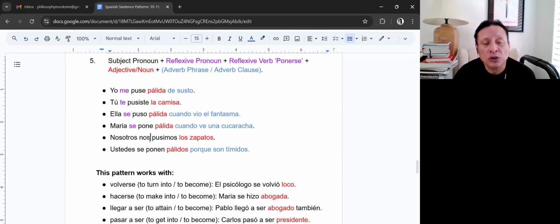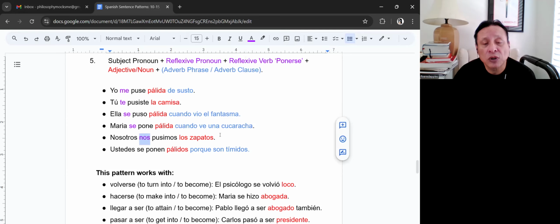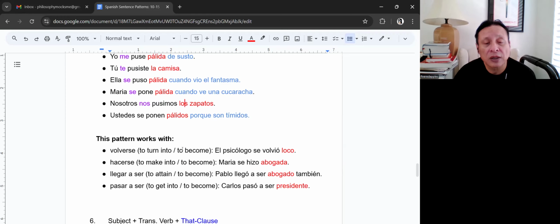Okay, nosotros, nos, reflexive pronoun, pusimos los zapatos. Here's, again, put on, as in this one, put on the shirt. Pusimos los zapatos. Los zapatos are the shoes, but of course it's our shoes, right? It could be somebody else's shoes, but the most normal translation here is our shoes. We put on our shoes, or just the shoes.